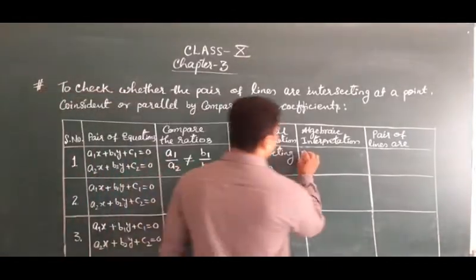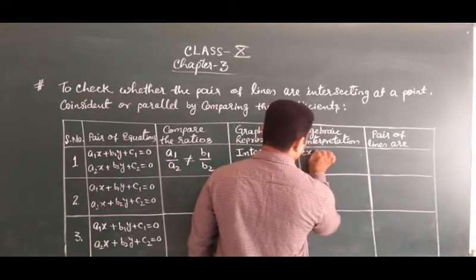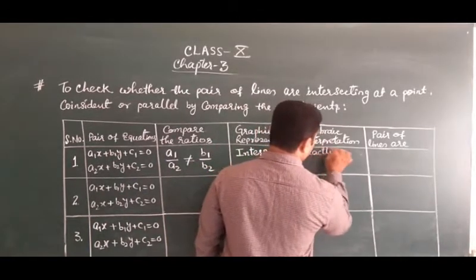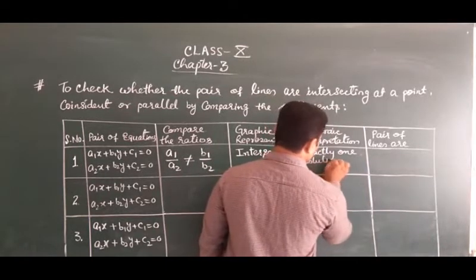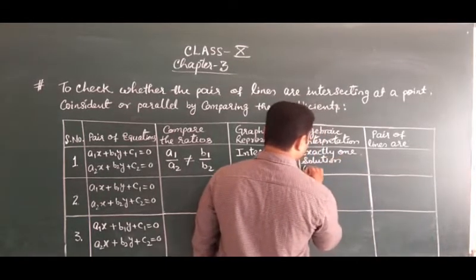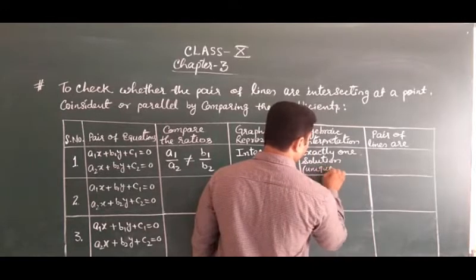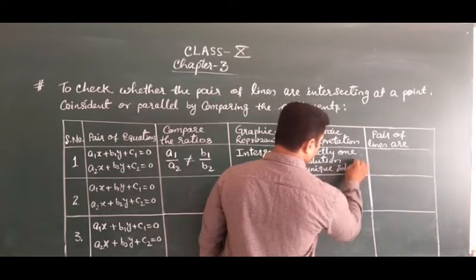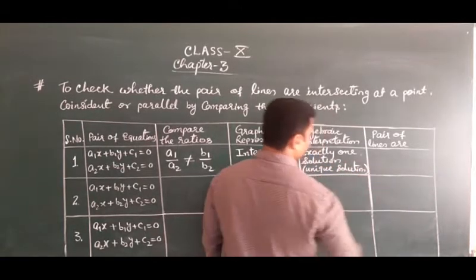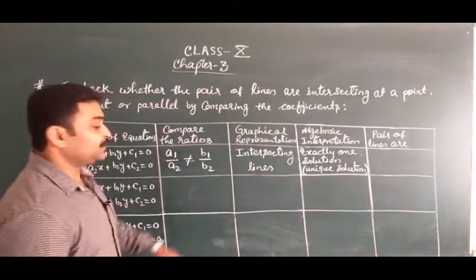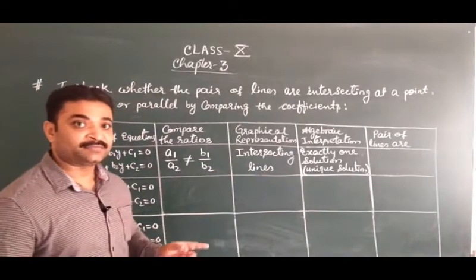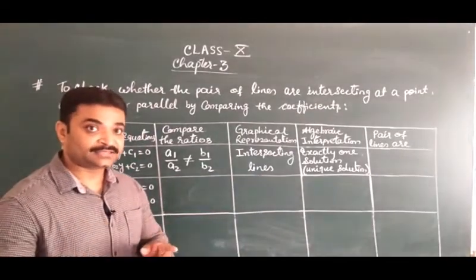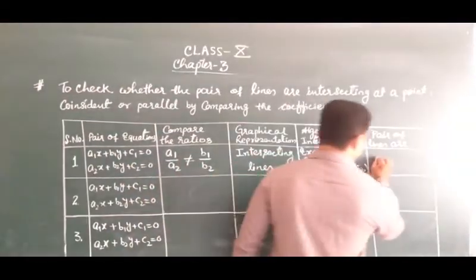So we will get exactly one solution, or we can write unique solution. Clear? And if we get a solution, that means the pair of lines is consistent.